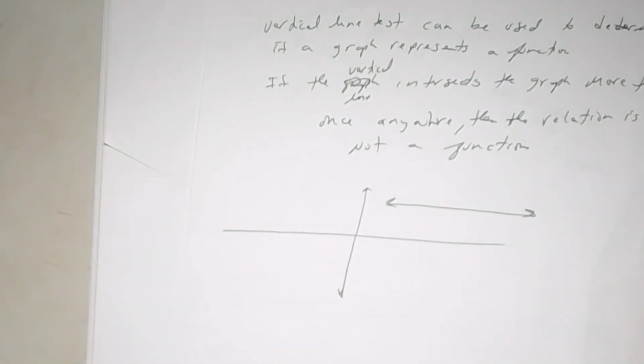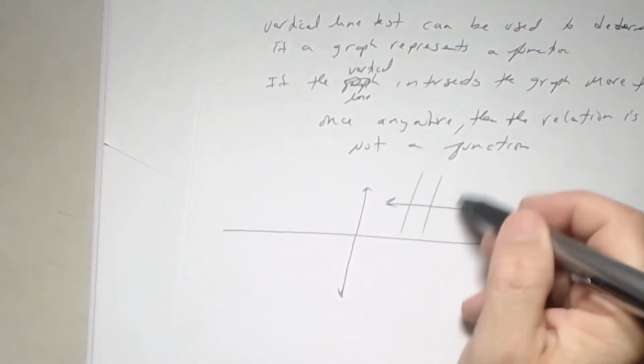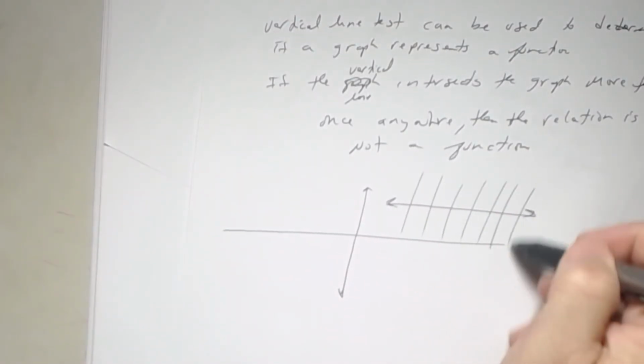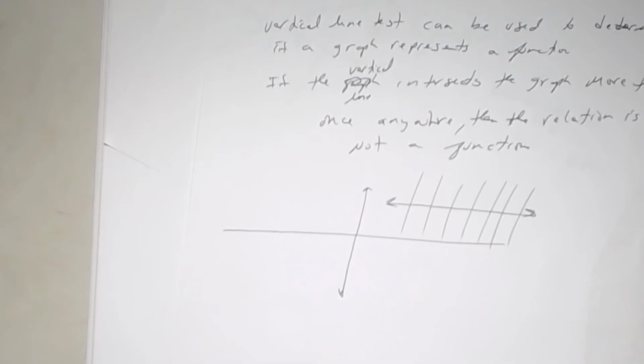So I have this horizontal line. Does that horizontal line represent a function or not a function? Not a function. Anybody else? Wait a minute. Yes, it is a function. It is a function, and no matter where I draw this vertical line, it intersects it how many times each? Once. Just once. Okay, so this is a function.